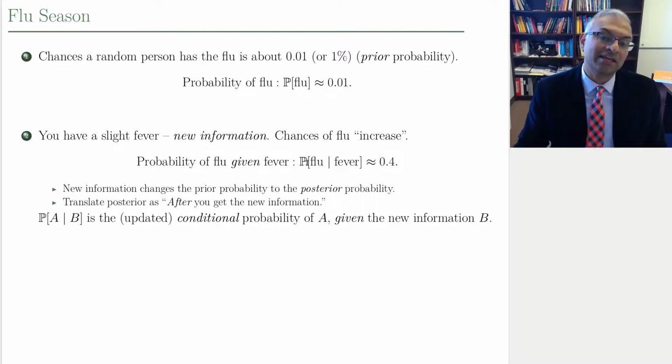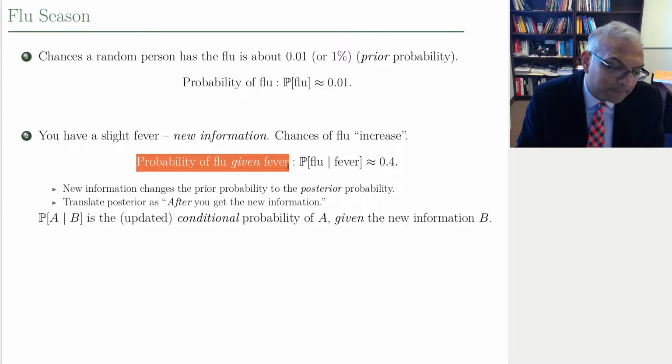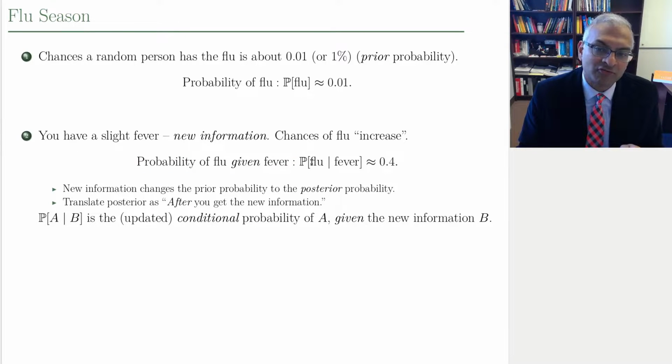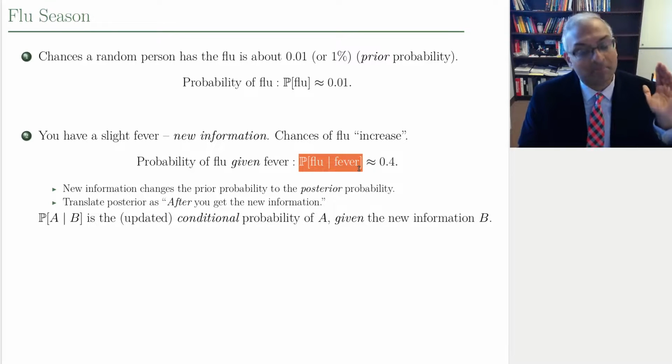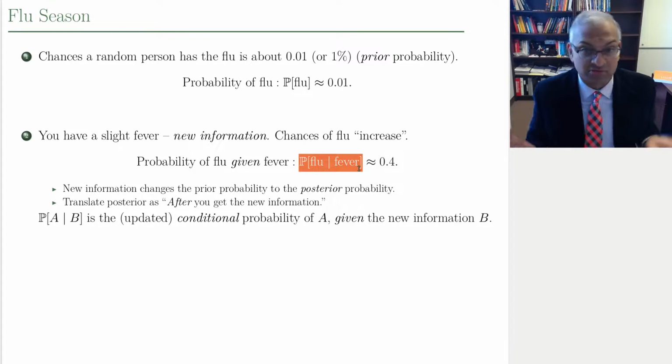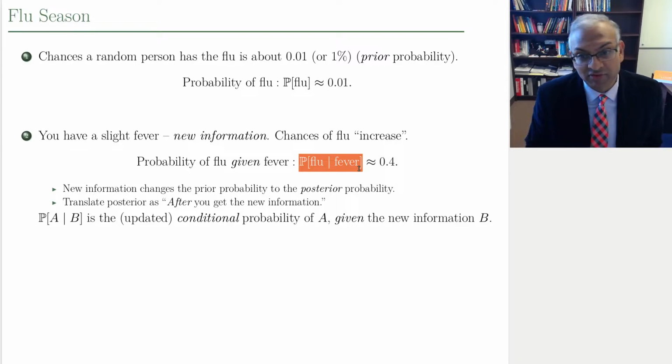What we say is that your probability of a flu, given the fever, given that we have this new information that you have a fever, and we write this probability of flu, using this vertical bar, given that you have a fever, has now gone much higher, because now you're no longer just a random person, you're a random person armed with the additional information that you have a fever. Maybe it's about 40%, or 0.4.